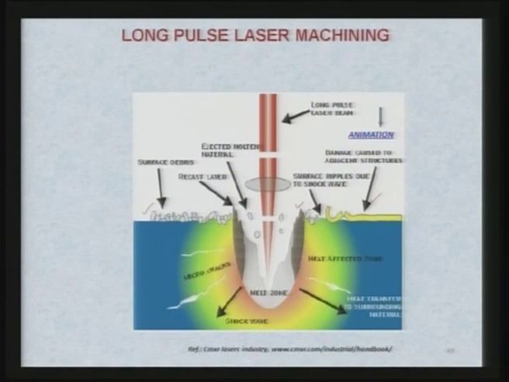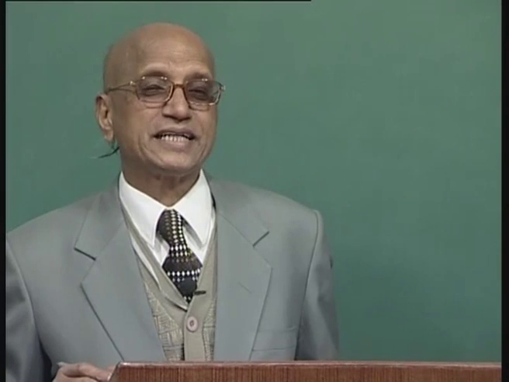Surface ripples due to the shock wave can be seen over here, and recast layer, which is the characteristic, undesirable property of all thermal machining processes. So, here also you get what is known as recast layer, which is clearly seen.